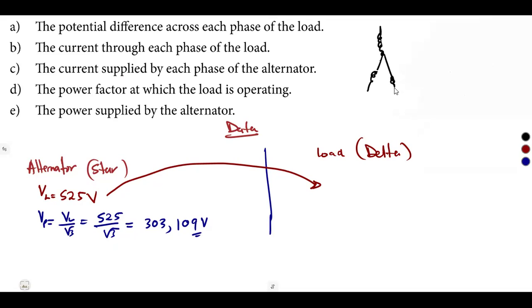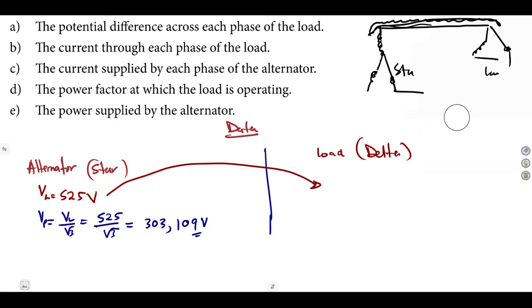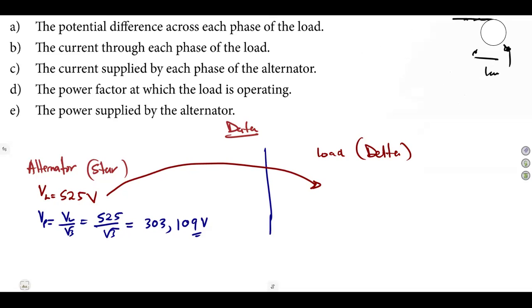It's going to go there to the load in delta. So the voltage will be the same, even the line value there. The line current will be the same thing. We have a star and the load there in delta, so we'll be having the same line values. So this is our consideration.